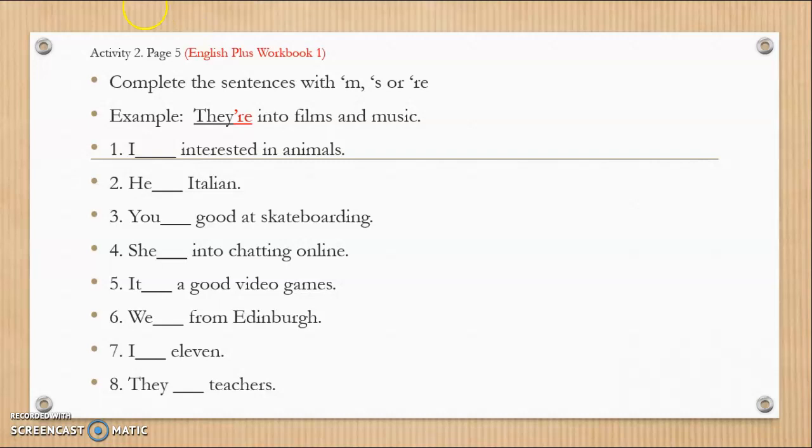So activity 2, we have here page 5 under English Plus Workbook 1. Instructions: complete the sentences with the short forms for the affirmative statement that we learned just now. Example: they.